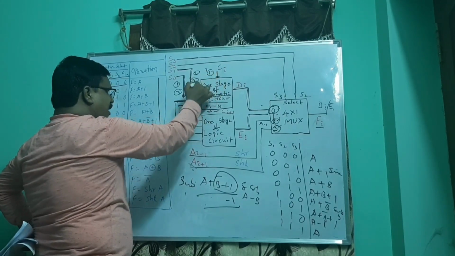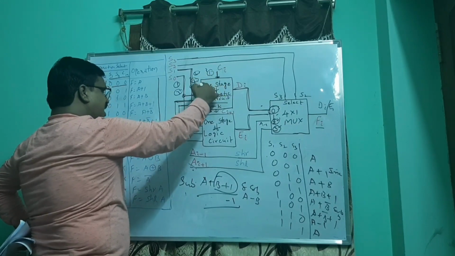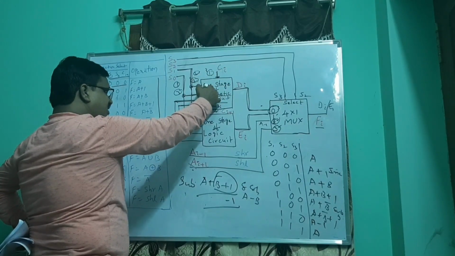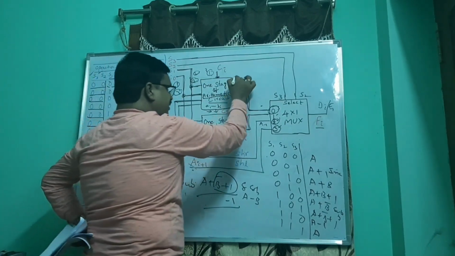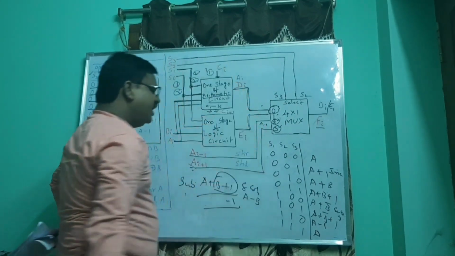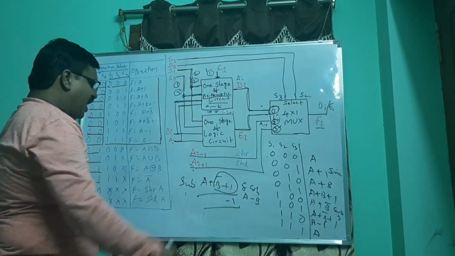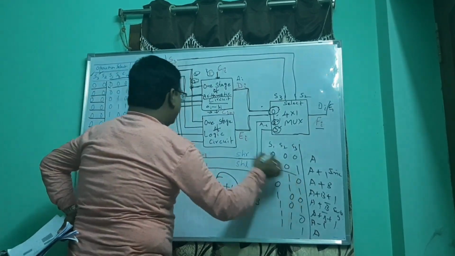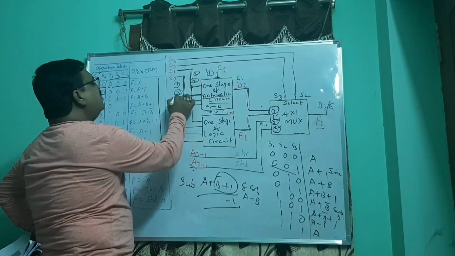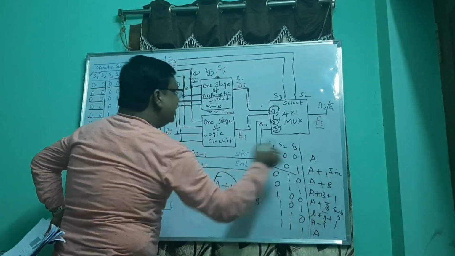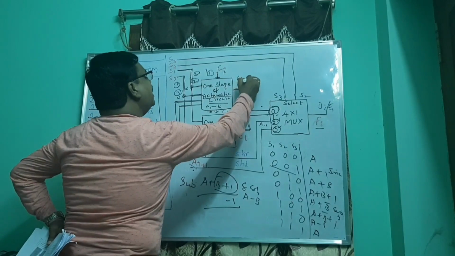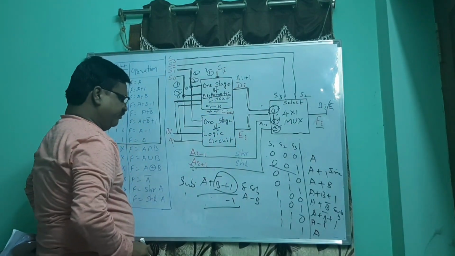So based on the combination of these three, if these three are 0 0 0, only AI will be transferred to here. Or else, if these are 0 0 1, so this is 0, this is 0, and this is 1. What will happen here? As I told you, increment. Here AI plus 1 will be transferred. Okay.